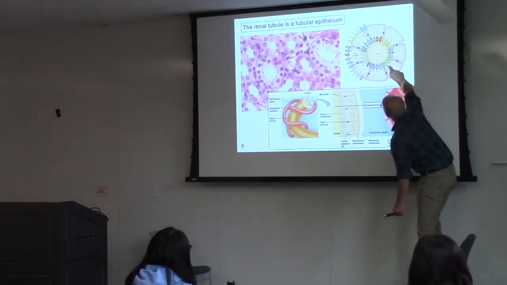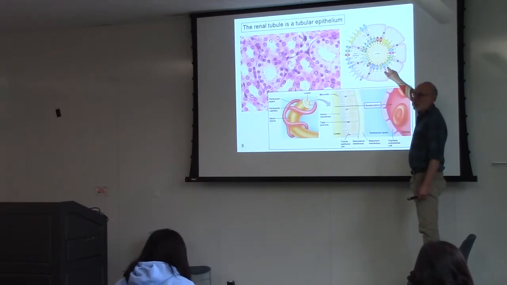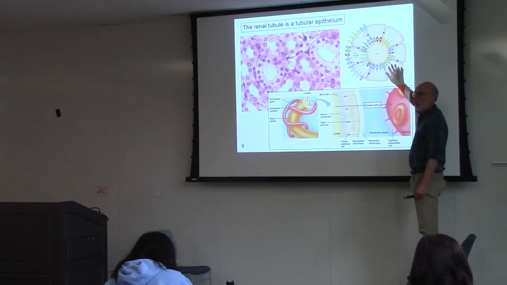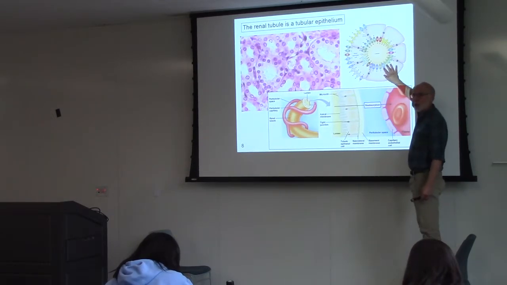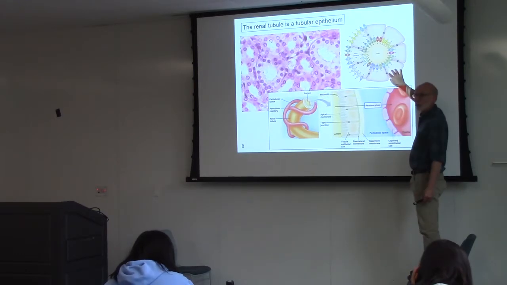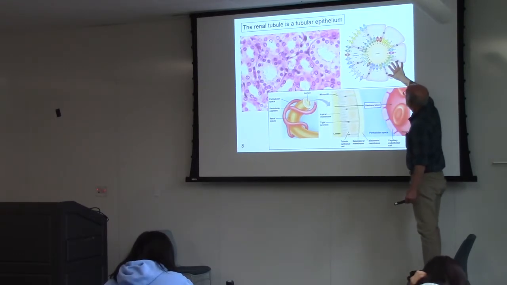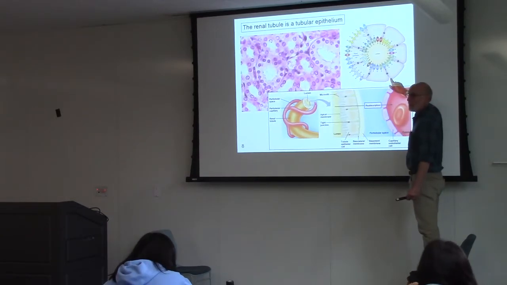What are all these blobs and arrows representing? Transporters. We are going to be talking about some, not all, of the important transporters that are important for recovering solute and water from these tubules. So here's a cross-section. This is a cell, an epithelial cell.